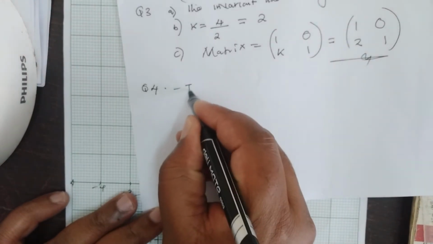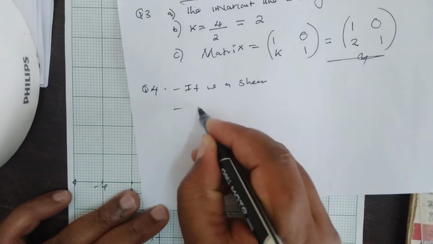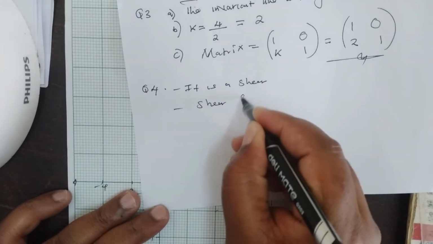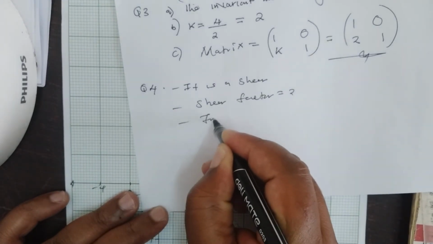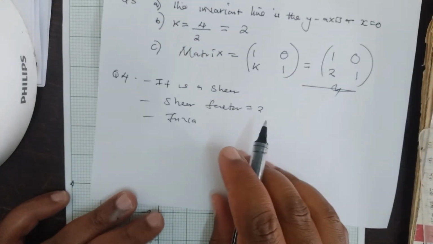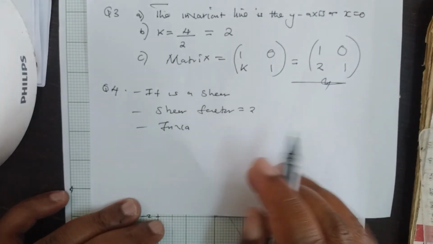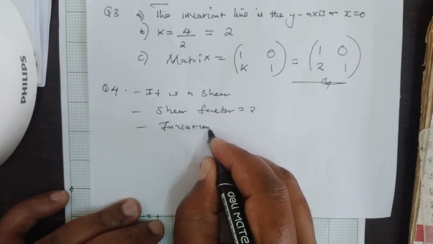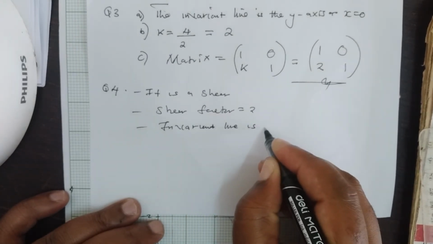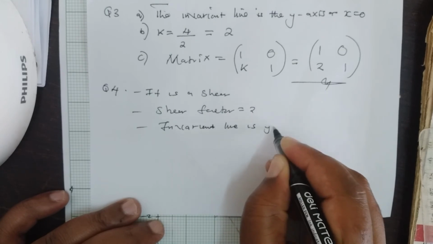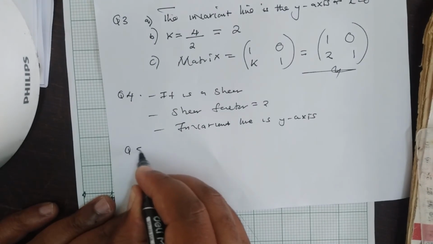Then you say shear factor is 2, invariant line is the y-axis.